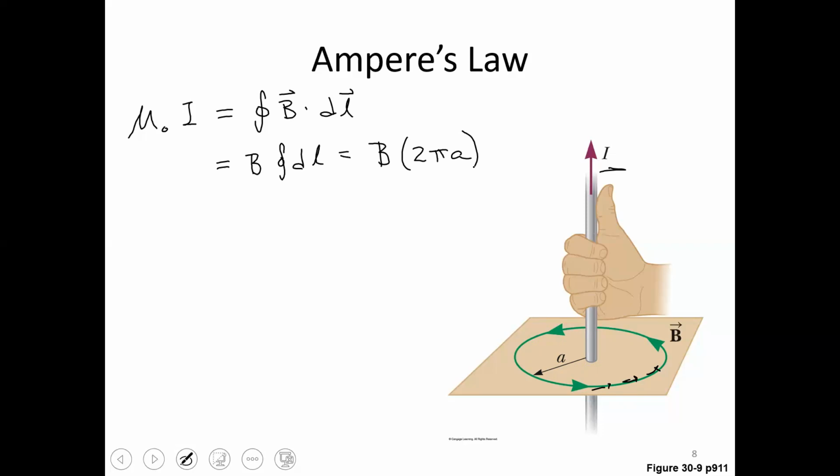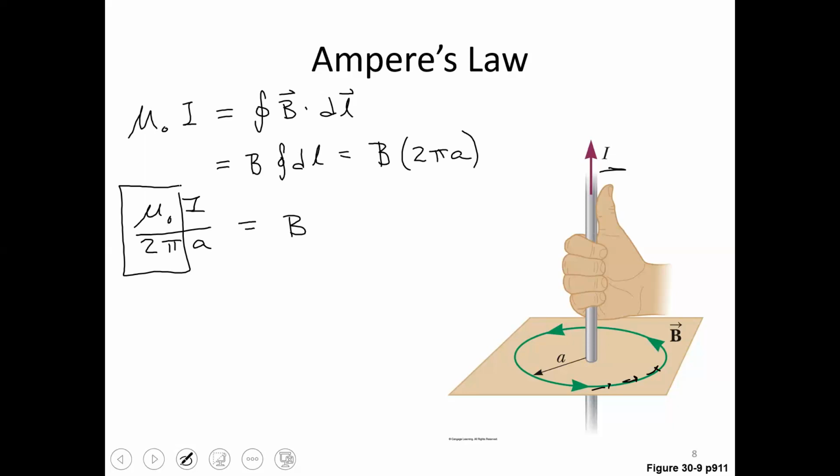If I move things around, I get mu0 times I divided by 2 pi a, where a is our radial distance away. And that is the strength of our magnetic field. That is the same thing that was found experimentally. And so maybe now you see why mu0 has a pi in it, and we also have that separate 2 pi outside of it. It's from Ampere's law.